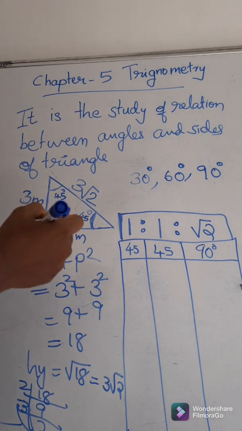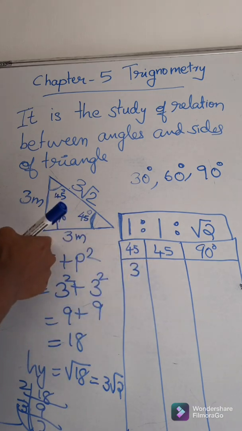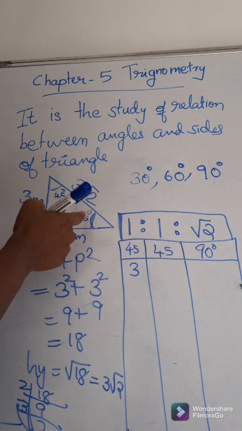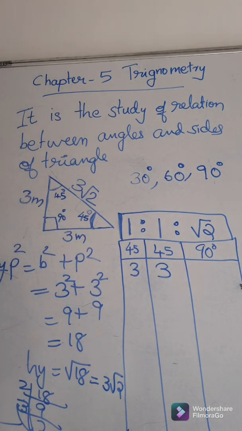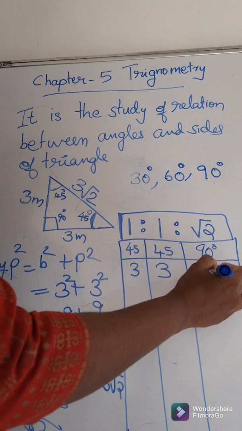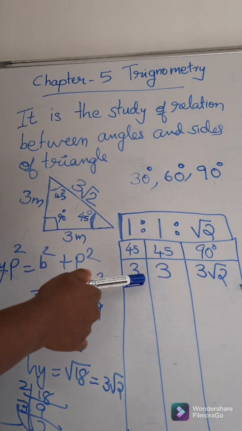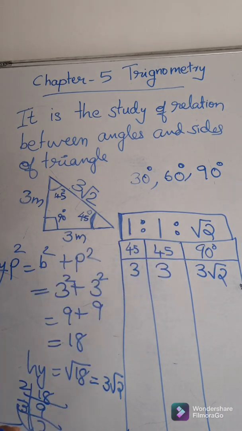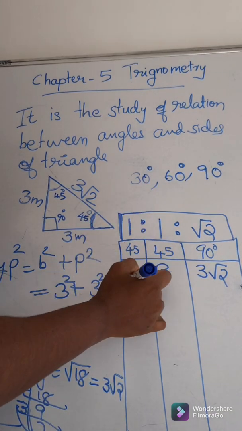Now we can write this: this 45 side is 3, next 45 side is 3, and the hypotenuse is 3 root 2. All the terms have 3, so we can divide by 3.